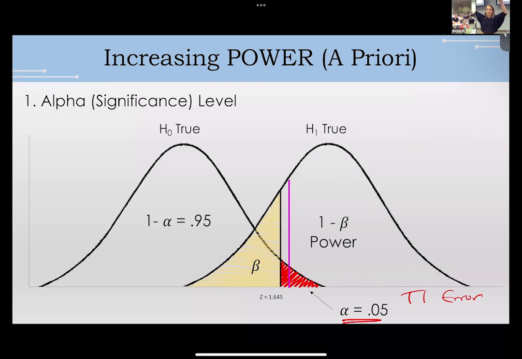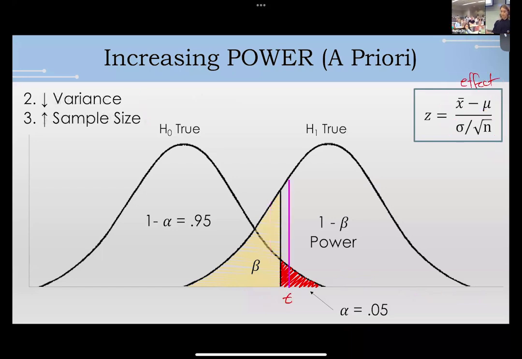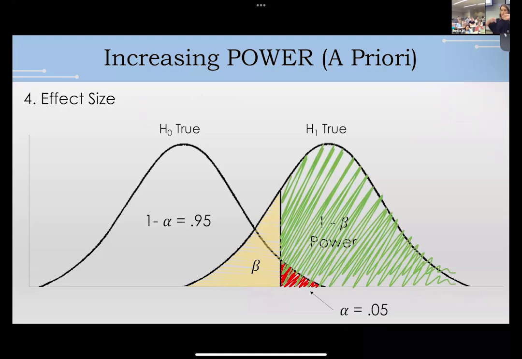You're either moving the criteria or you're moving the calculated value, right? The only way to move the criteria is move the alpha. How can you move the calculated value? Well, you can make the numerator bigger or the denominator smaller. To make the denominator smaller, you can up the sample size or decrease the variance. And to make the numerator bigger, you can make that sample mean further away, right?